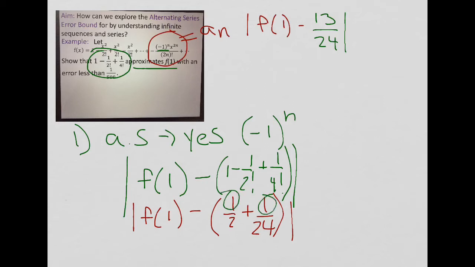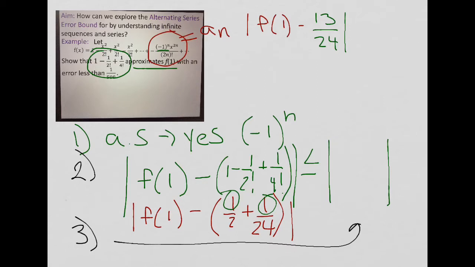As you make a common denominator, that second number would be 12. And this has to be less than or equal to the next term. So we have to figure out what the next term would be. That would be our next step after this one, setting up the left side. So we have to set up the right side.